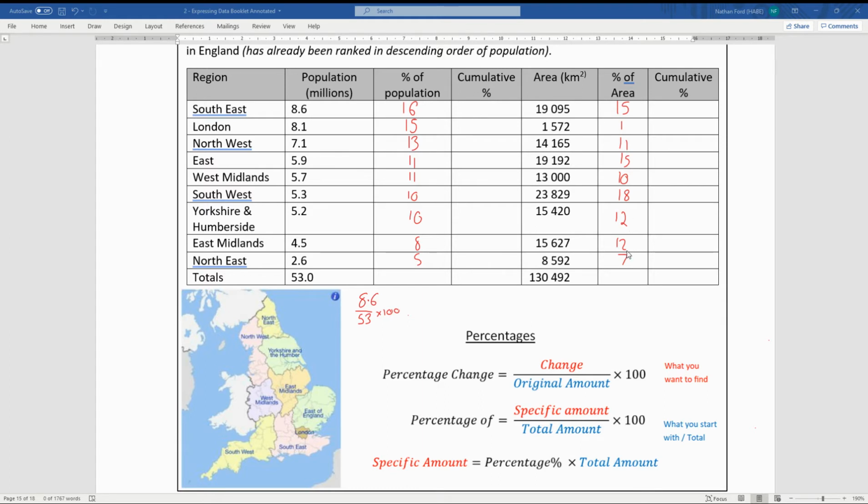Like I said, Lorenz curves work on a very similar application to cumulative frequency, but instead of frequency, we're now doing cumulative percentage. So we're going to accumulate percentages as we go down here. The first one is 16%. Then from the beginning to here, it's going to be 16 plus 15, which is 31.